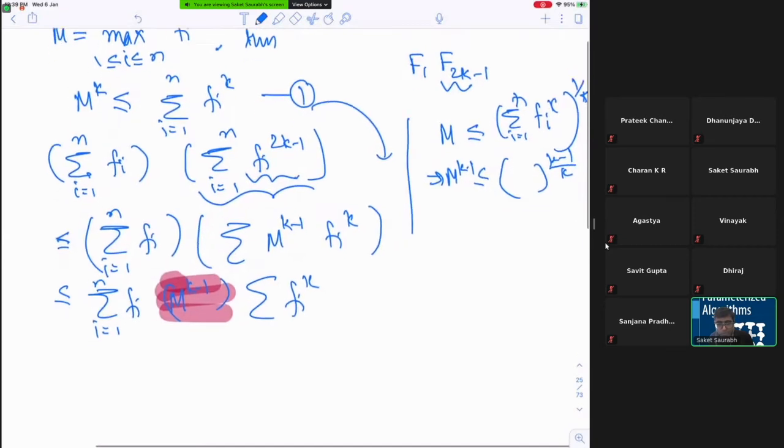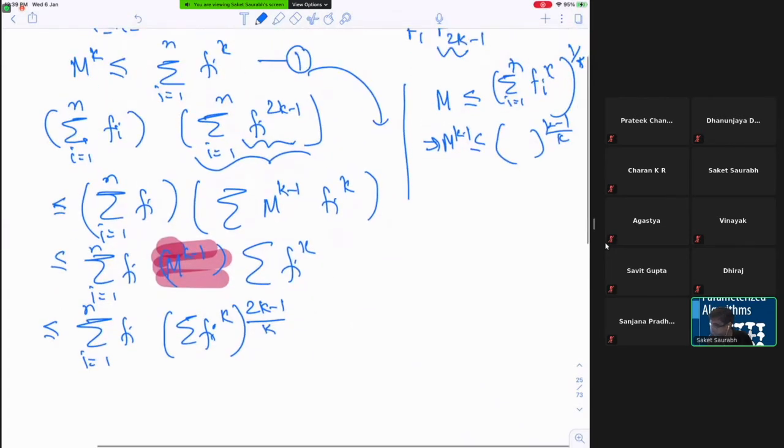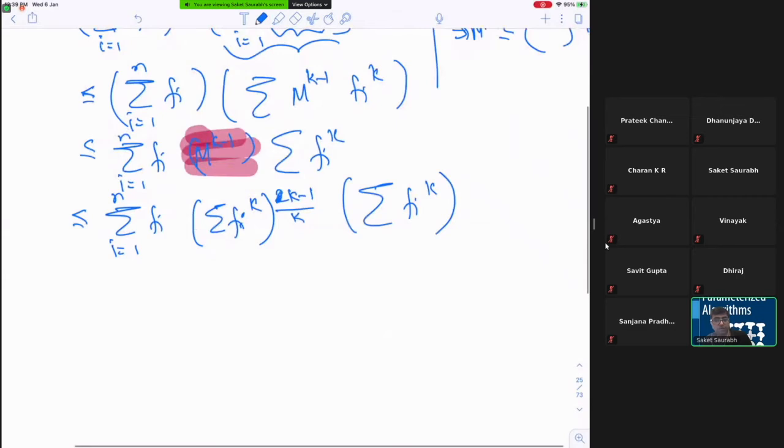Now summation of f_i times summation of f_i to the power k, to the power (k minus 1) divided by k, and summation of f_i to the power k. Agreed? This is what we have at this point of time.